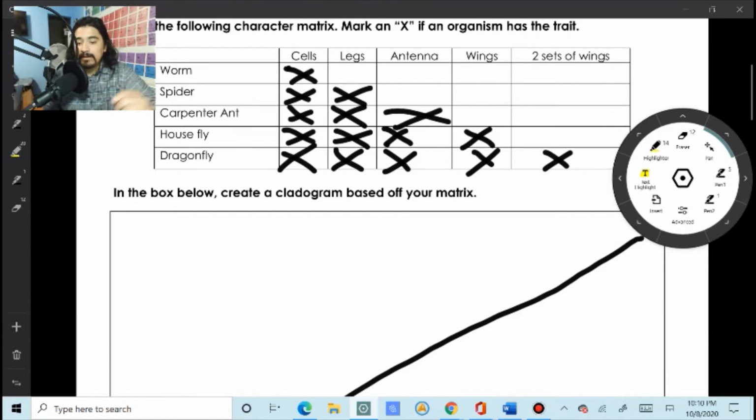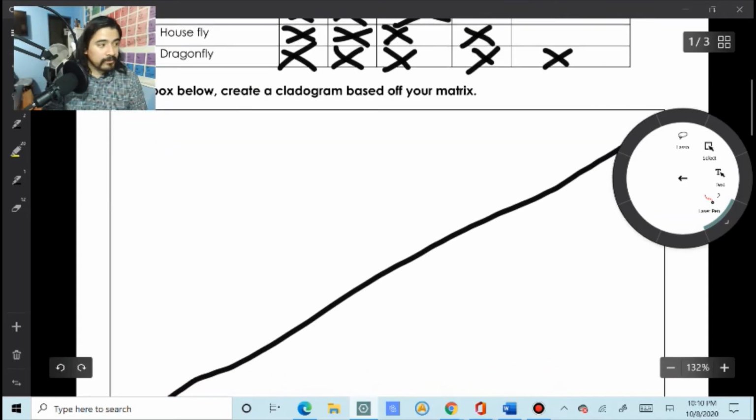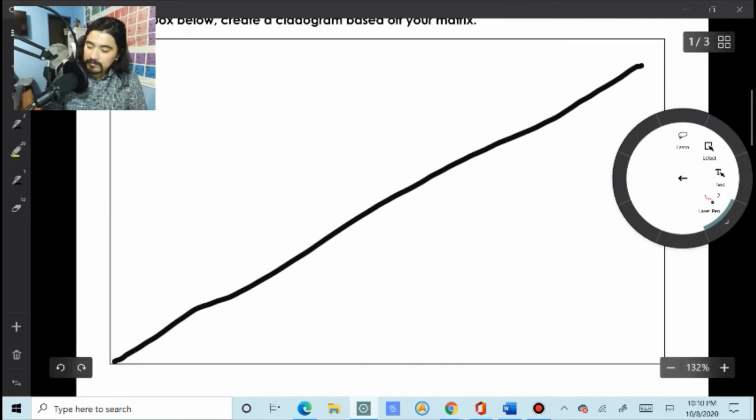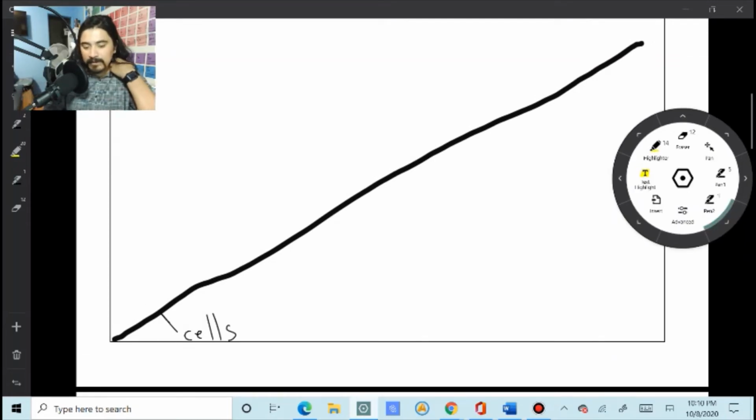Because if you look at each of these single characteristics, each of these organisms, the worm, the spider, the ant, housefly, and the dragonfly, all have cells. So we know that was the first characteristic that showed up in the tree. So we're going to mark cells at the very bottom of our tree. There we go. Perfect.